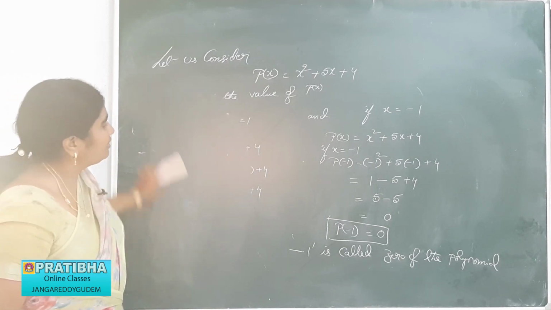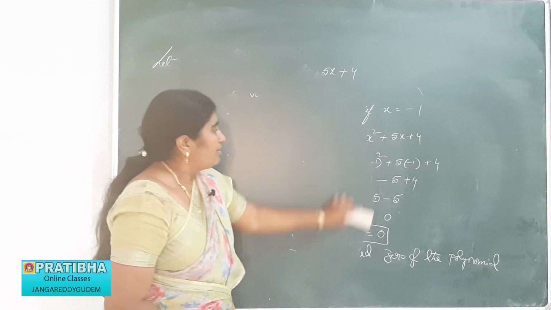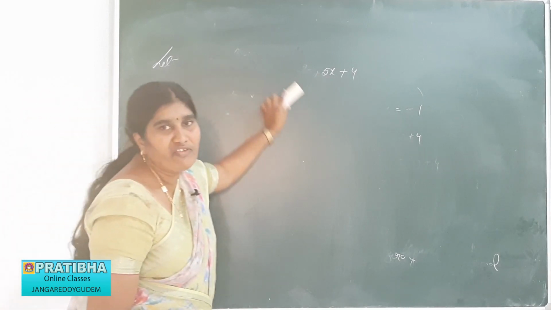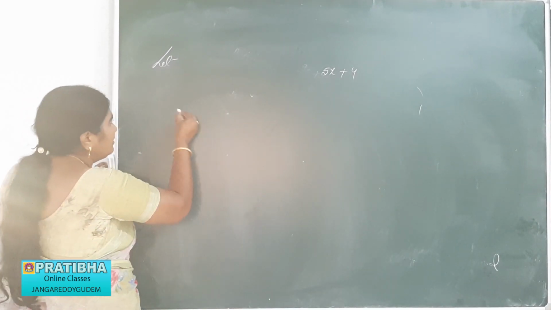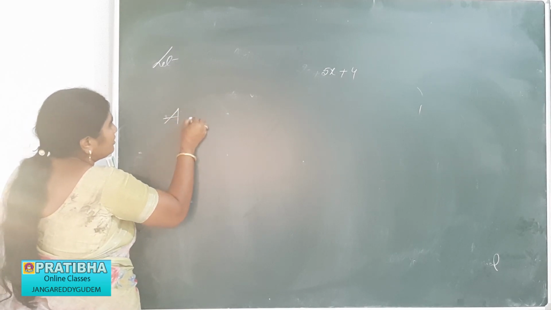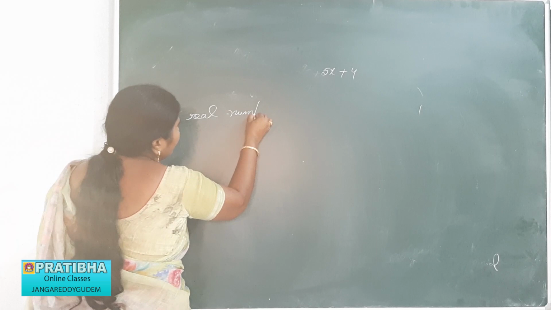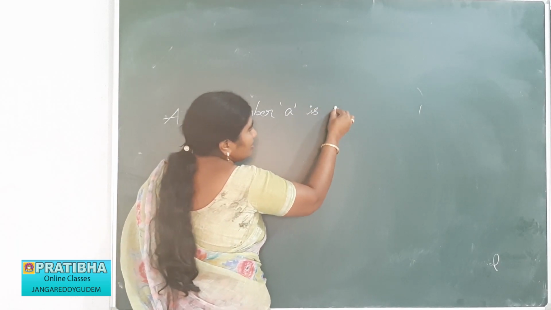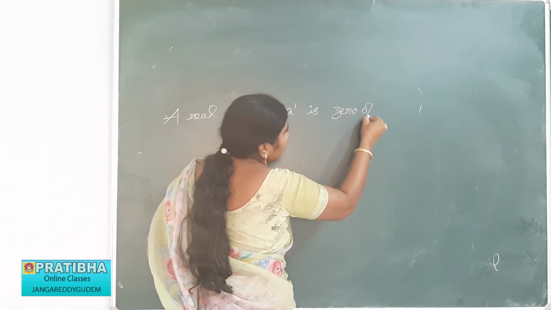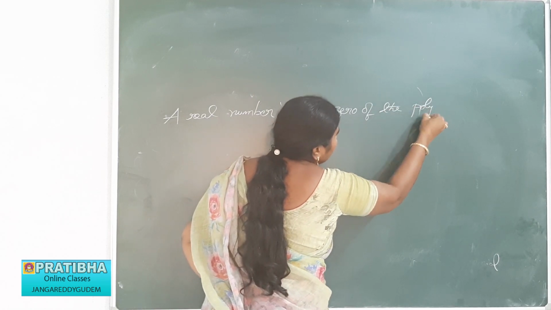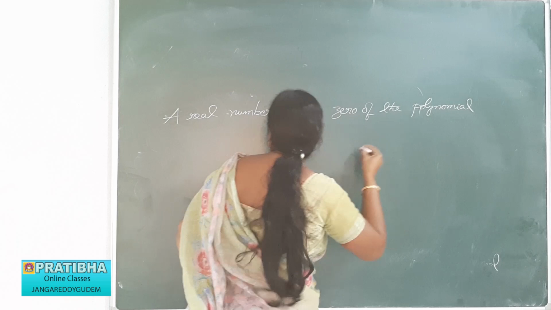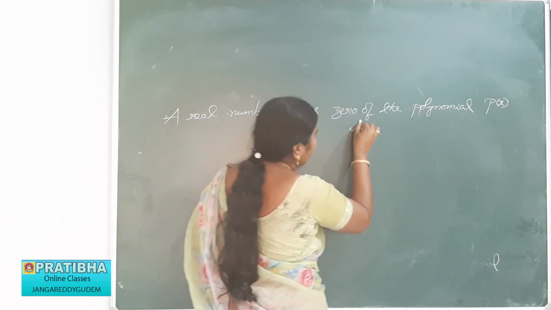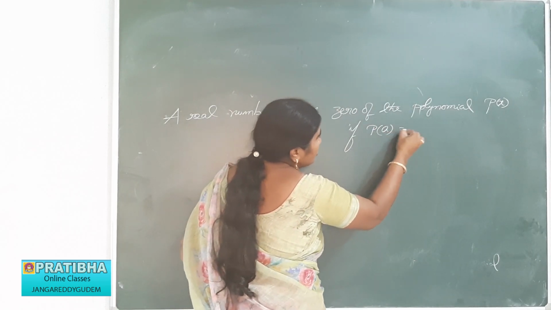In general, a is a real number. Then a is called a zero of the polynomial p of x if p of a equal to 0.